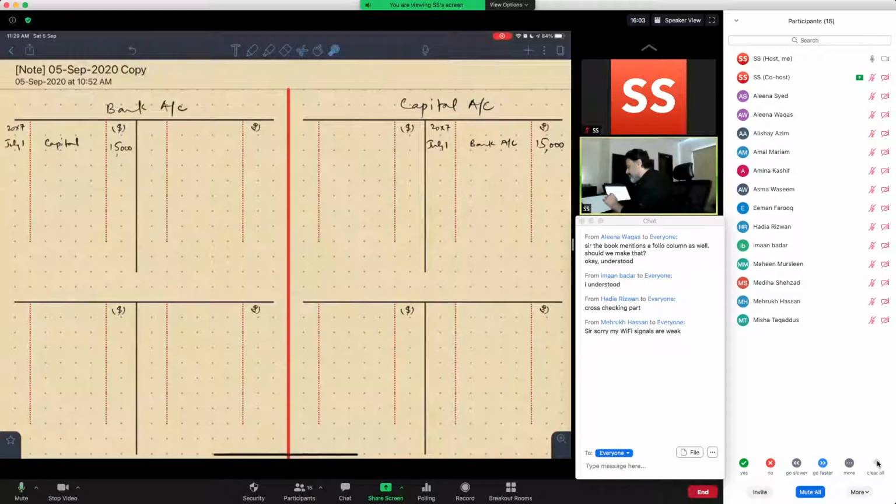So the cross reference gives you a convenience here that if you look at one transaction, you can tell where the other part of the transaction is recorded. So if bank is debited with $15,000, some other account must have been credited. So this is the other account's reference over here.